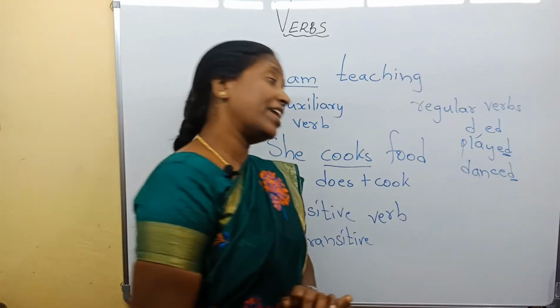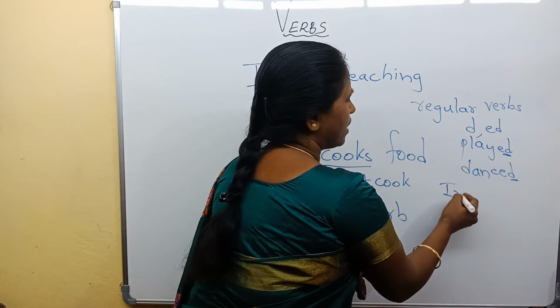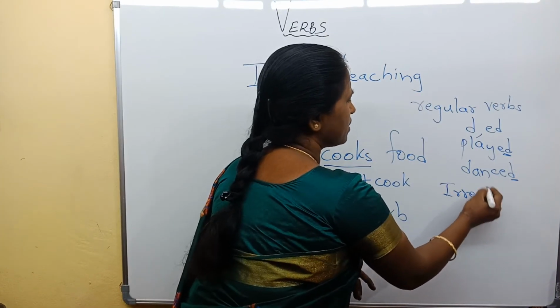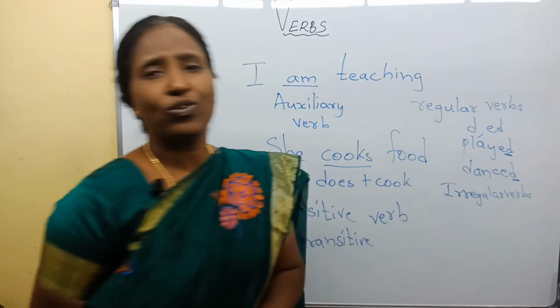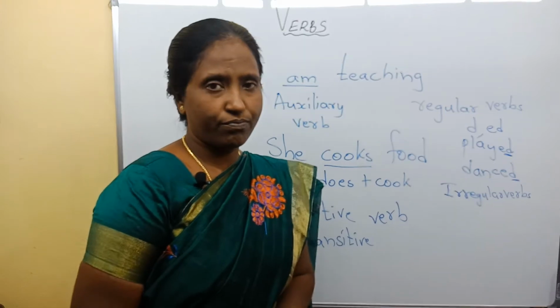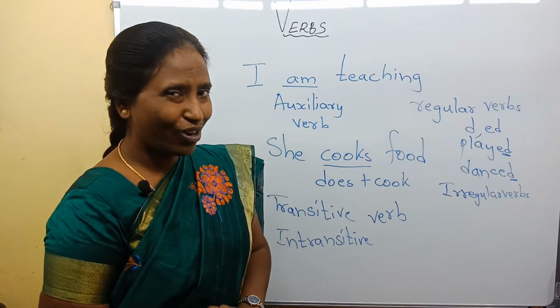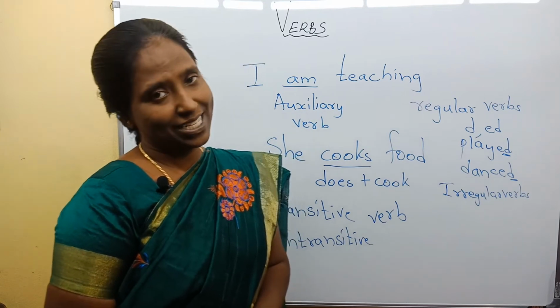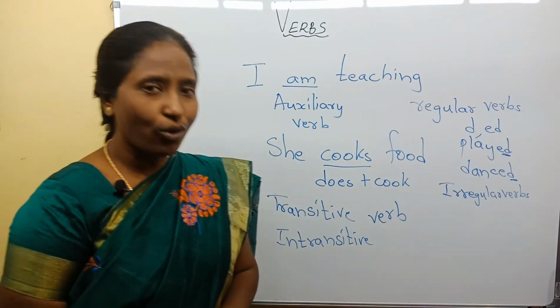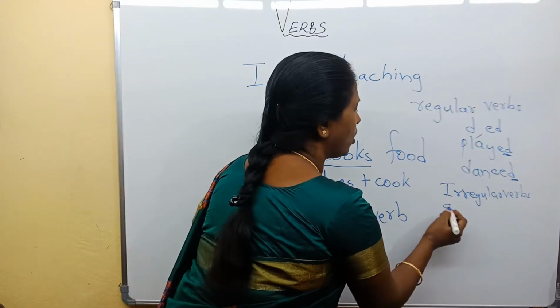Whereas irregular verbs means those which change completely. For example, go. Will you say goed? No. We say go, past tense is went. Go, went, gone.